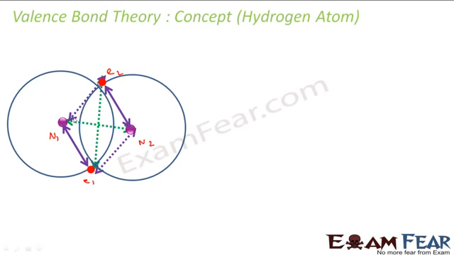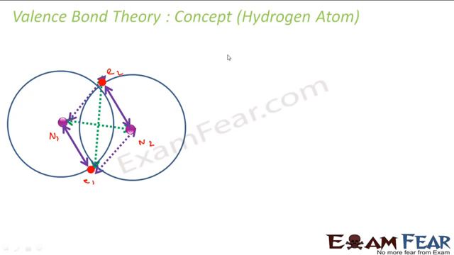There is an attraction between nucleus 1 and electron 2, and again between nucleus 2 and electron 1. The dark blue line is the already existing attraction between nucleus 2 and electron 2, and nucleus 1 and electron 1, plus more attraction came. The blue one is the attraction and the green one is the repulsion.